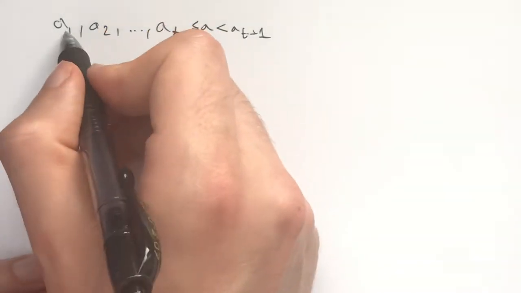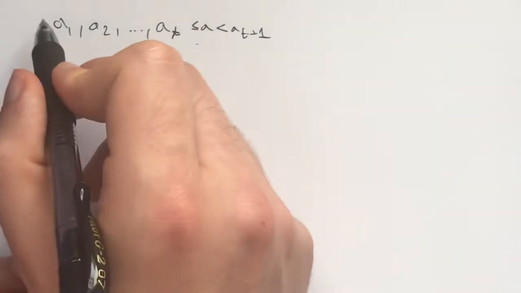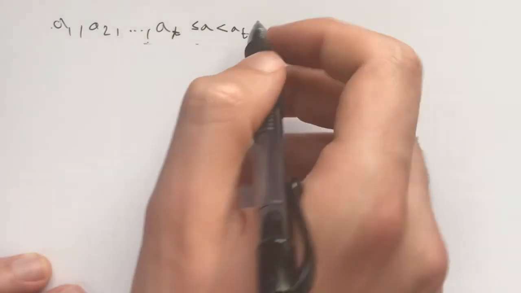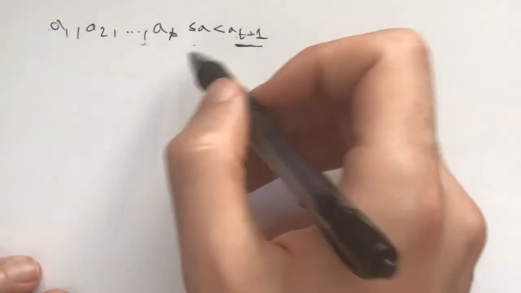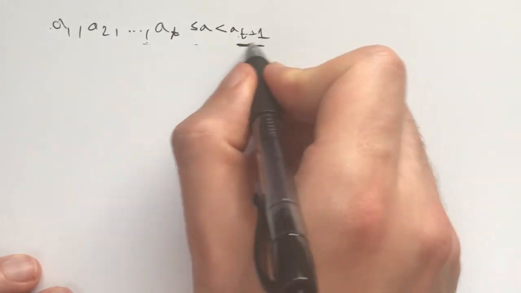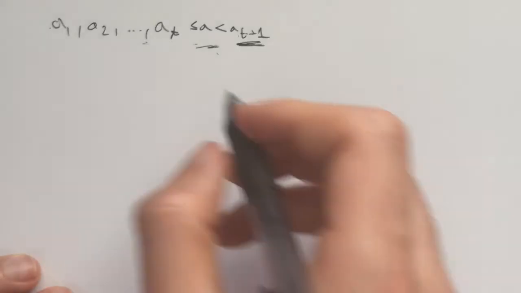So what we do is we say that all the numbers a1 through at are less than or equal to a, and a(t+1) is greater than a. Assume such a number exists, and take the smallest number which is greater than a. Let that be t+1, and now you have this.